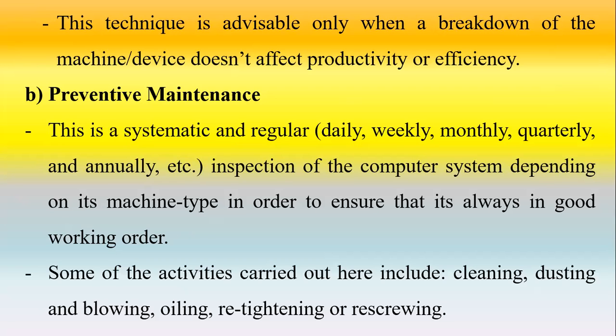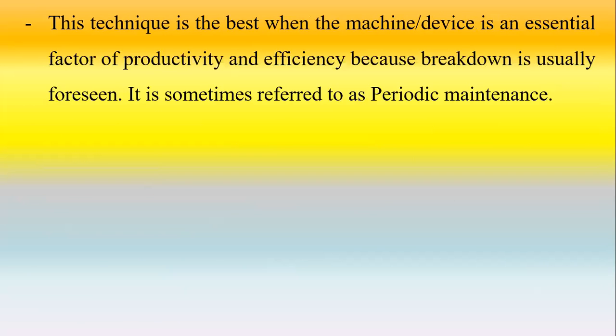Some of the activities carried out here include cleaning, dusting and blowing, oiling, retightening or rescrewing. This technique is the best when the machine or device is an essential factor of productivity and efficiency within the organization because breakdown is usually foreseen. It is sometimes referred to as periodic maintenance.